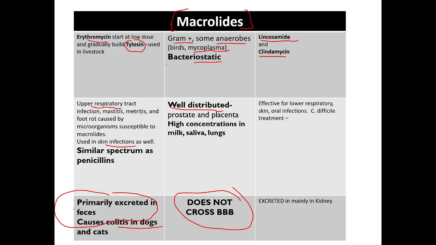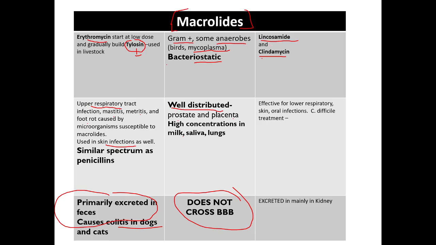So that's different. Most drugs are excreted in the urinary tract. This is excreted in the feces, and that's why we can use it for IBD or overgrowth of bacteria in the intestinal tract.